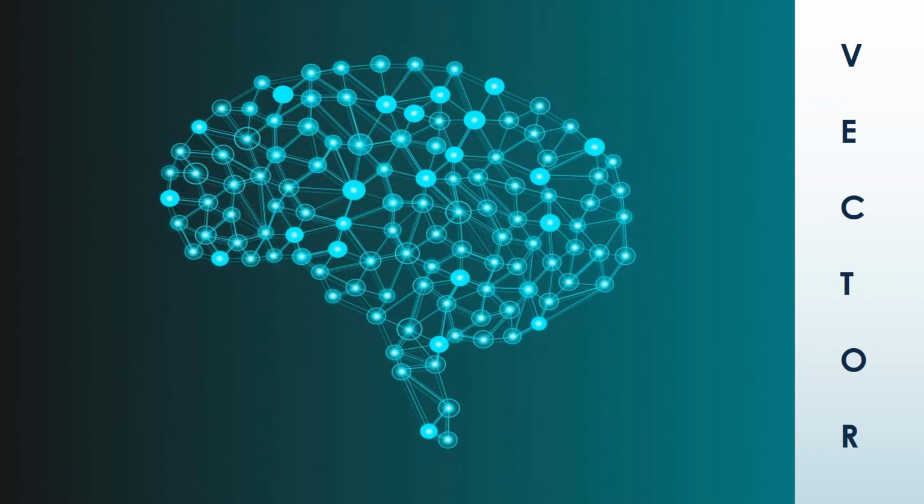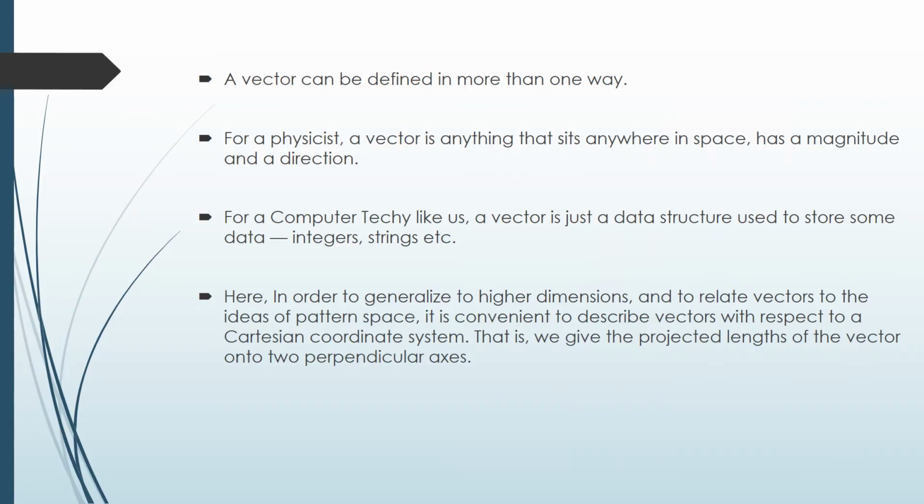Let's talk about some vectors. A vector can be defined in more than one way. For a physicist, a vector is anything that sits anywhere in space, has a magnitude and a direction. For a computer techie like us, a vector is just a data structure used to store some data, that is integers, strings, etc., that we write in programs.